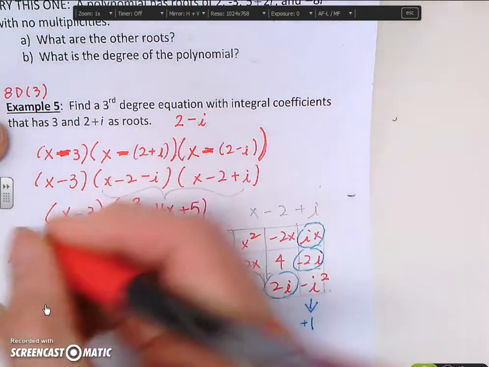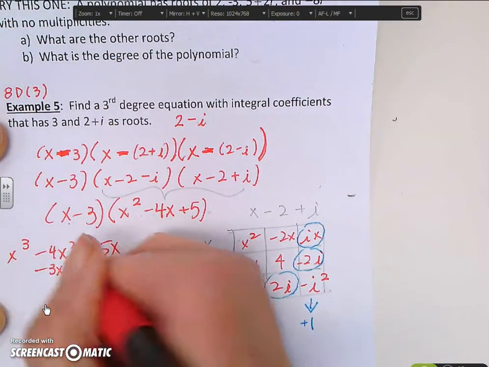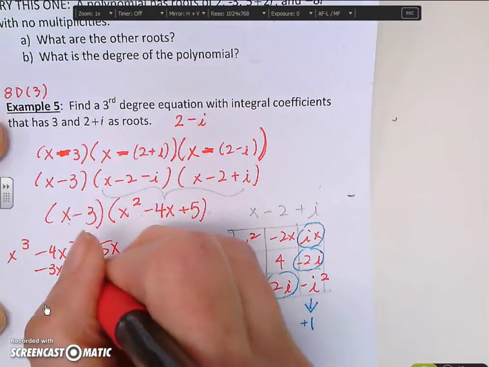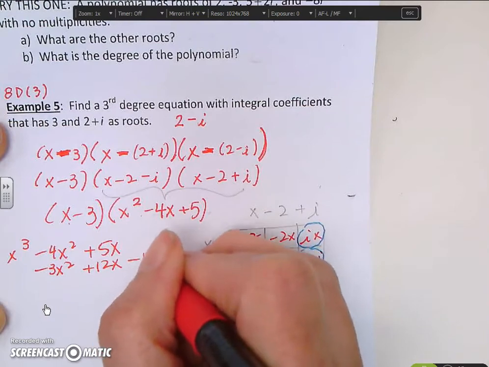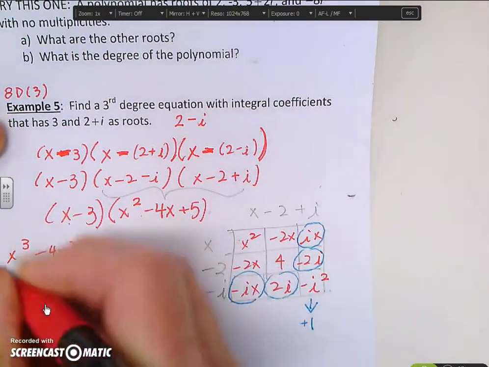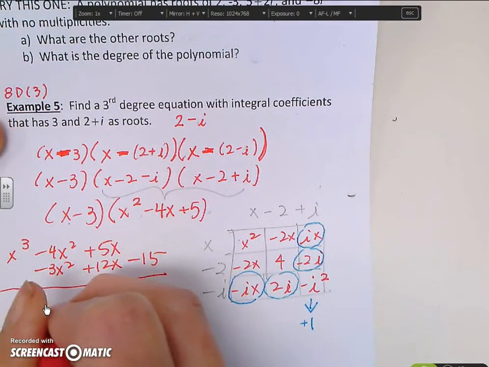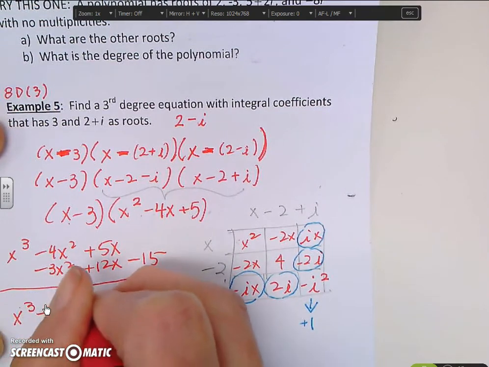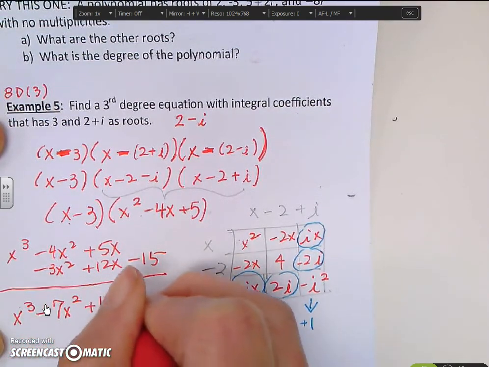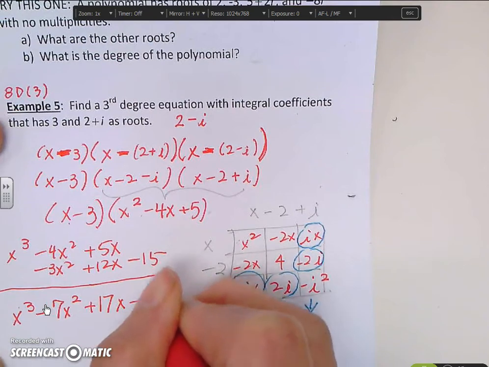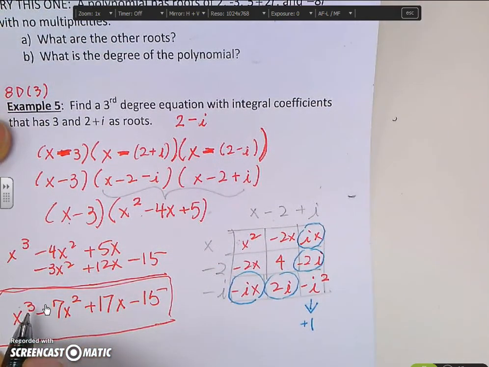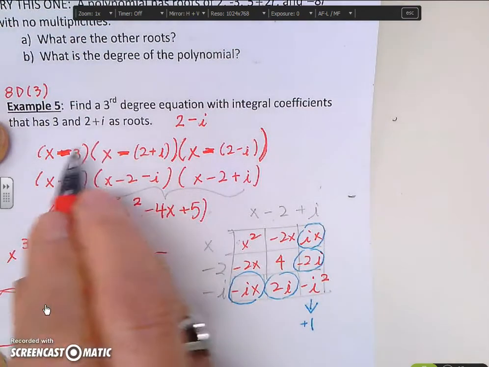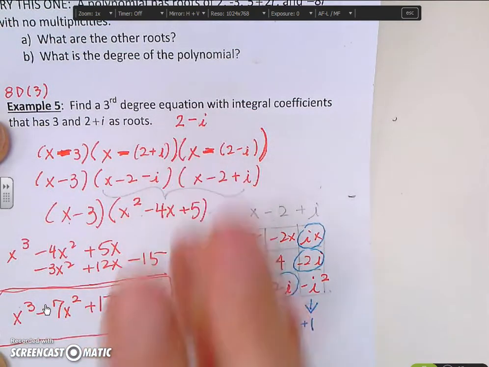Then I have a minus 3x squared, plus 12x, and a minus 15. So we'll add those together, and we get x to the third minus 7x squared, plus 17x, minus 15. And here is my third degree polynomial with these roots that go to it.